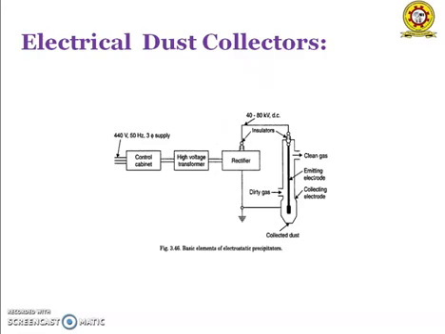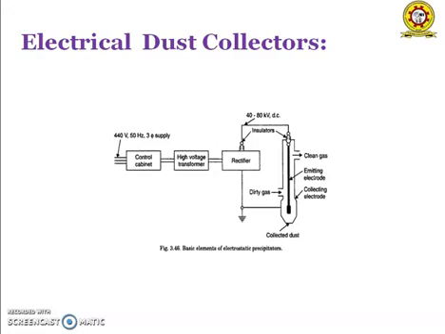The electric field ionizes the dust particles, attracting them towards the electrode on the opposite side. The other electrode is maintained at a negative potential of 30,000 to 60,000 volts. The dust particles are removed from the collecting electrode by rapping the electrode periodically.